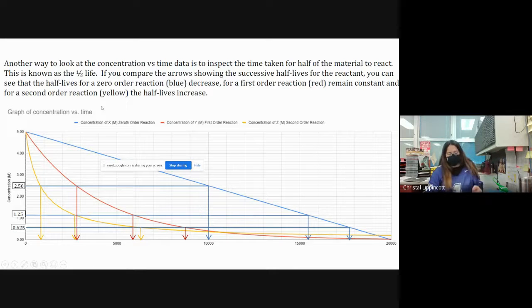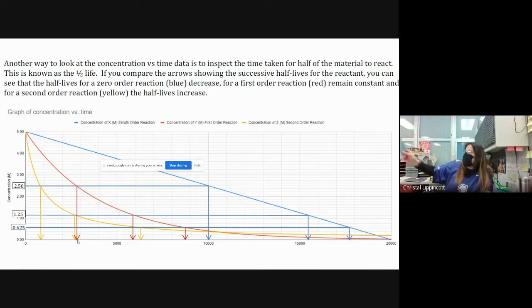And for these reactions, your half-life, your T1/2, equals 0.693 over K. So if you can figure how long it took for this to go down by half, so for example here, if we're looking at the red line, if we went from 5 to 2.5, if we know the amount of time it took to change that amount, that's our half-life.